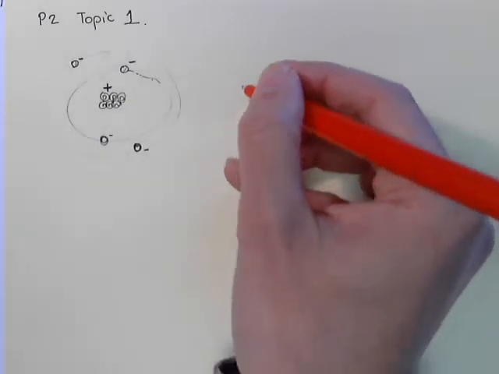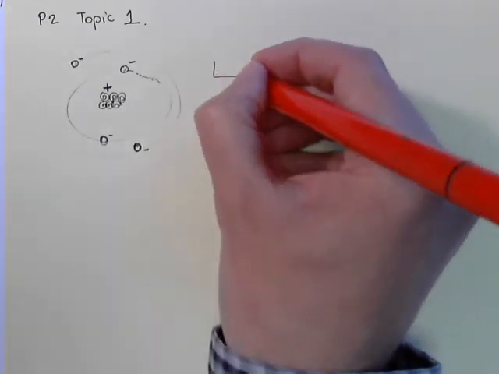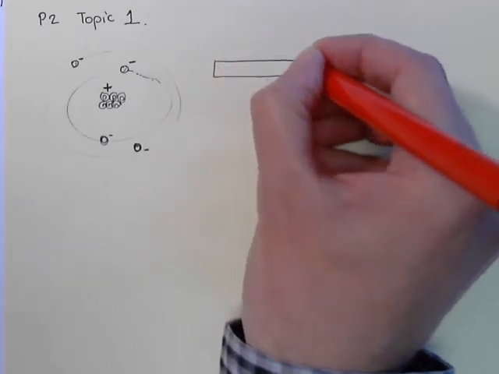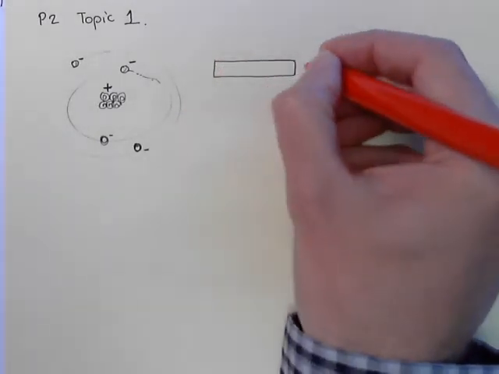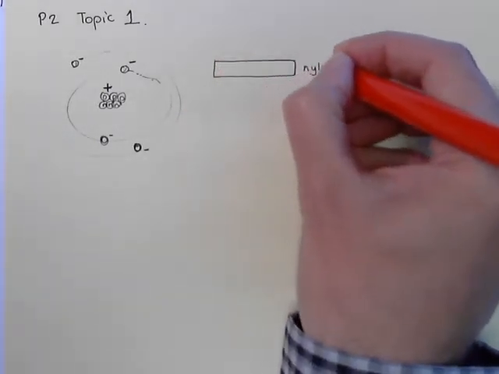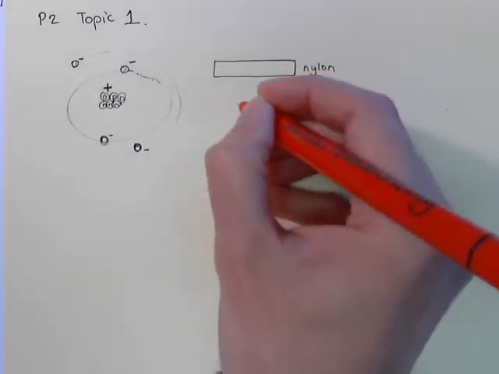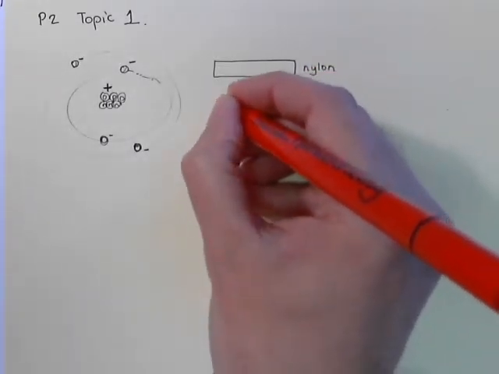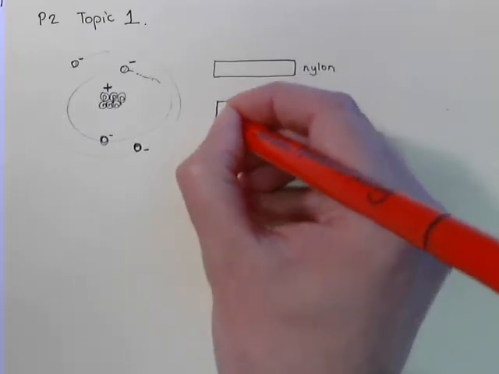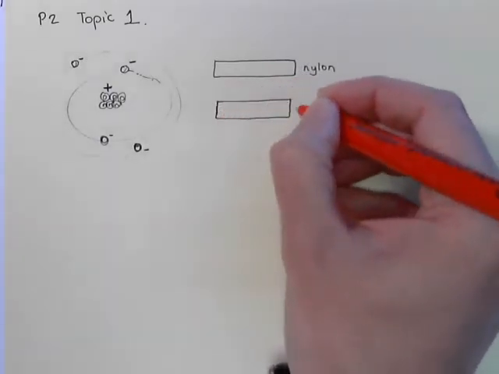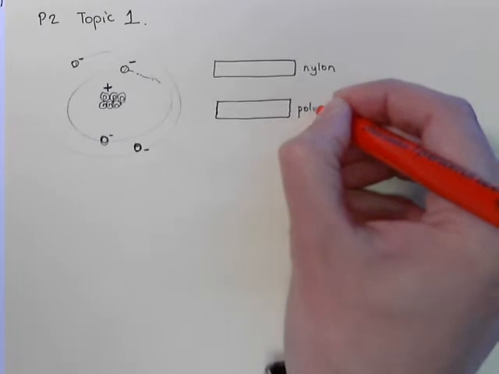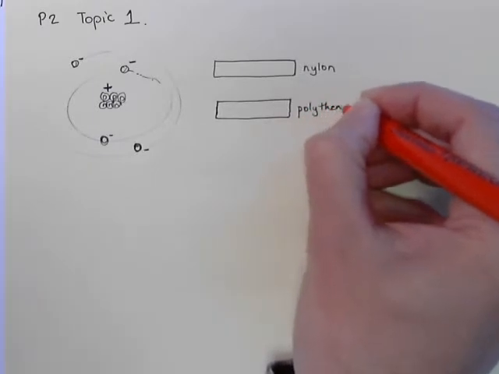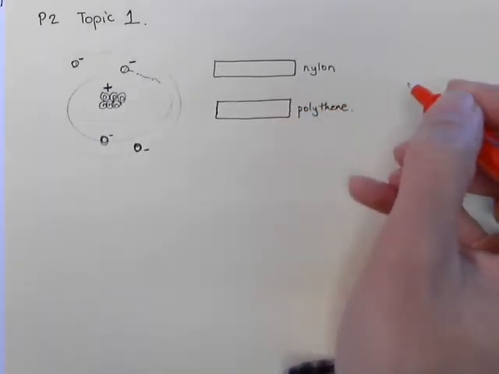So if we take two materials, let's just think of two insulating materials such as nylon and polythene. These are both kinds of plastics, and it just so happens that two different things happen to them.